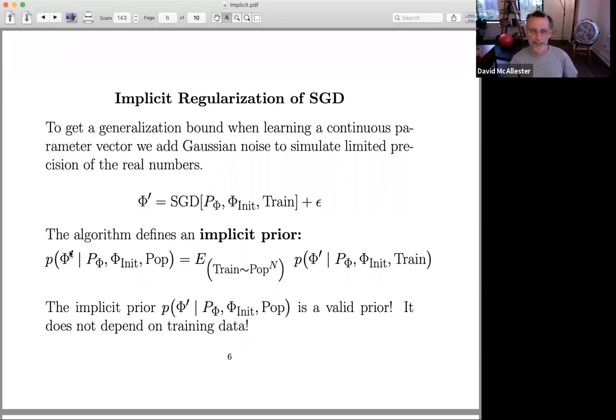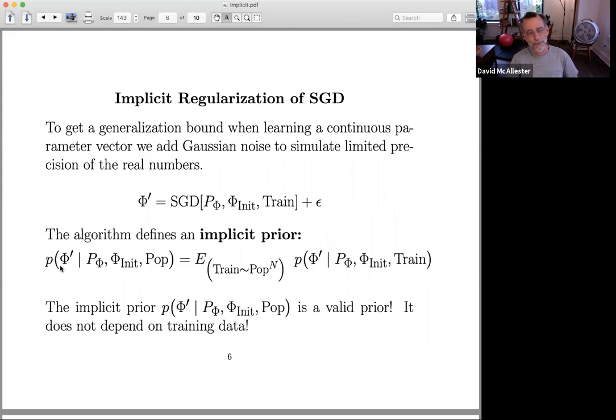this is a very strange thing. This prior probability over the model parameters is the average, the expectation when we draw training data, of the probability that the learned model that I get from that training data and then add noise to gives me this vector. And this is also a density, right? Because I'm adding smooth noise.